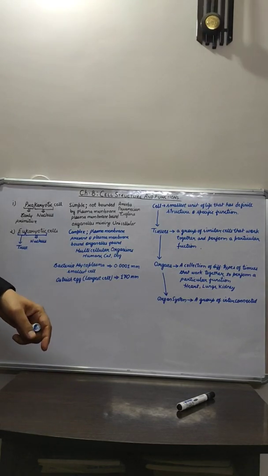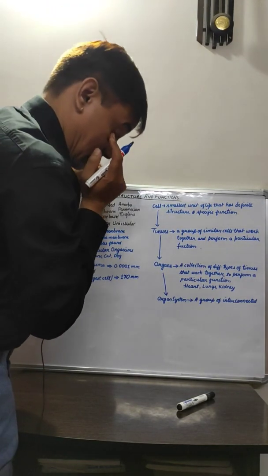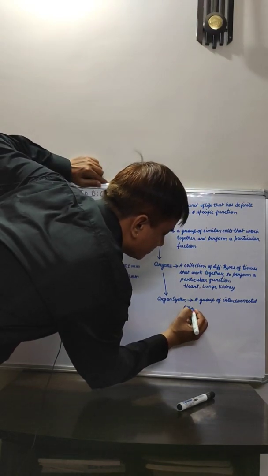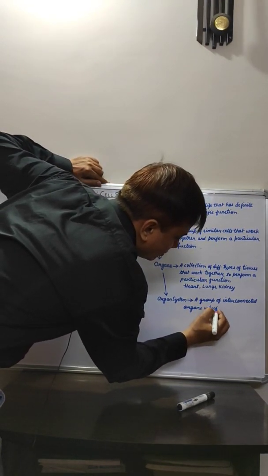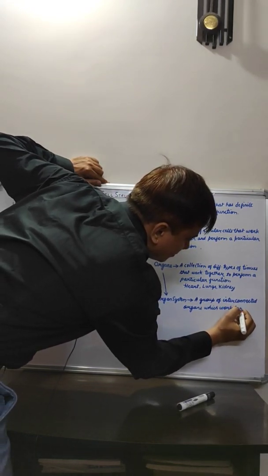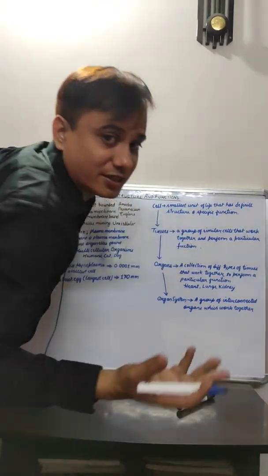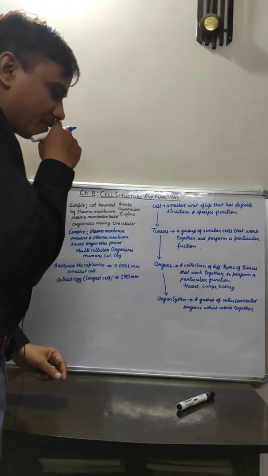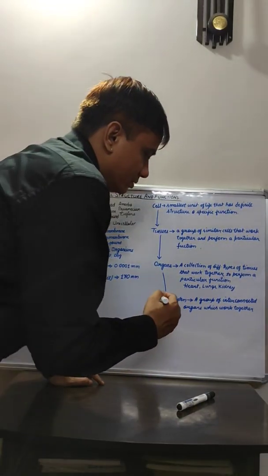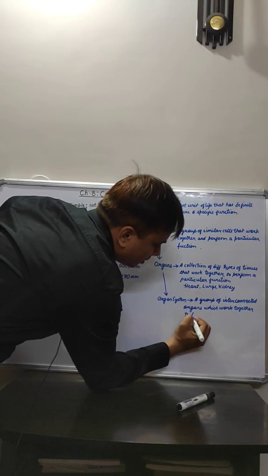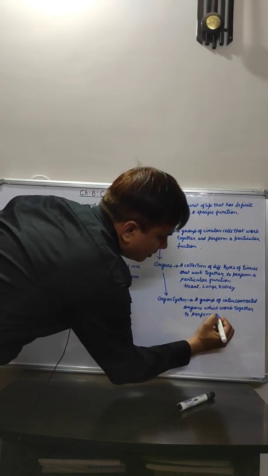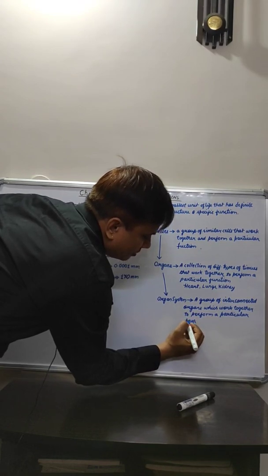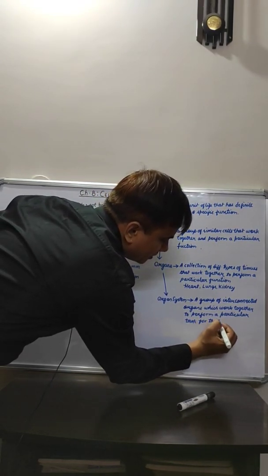A group of interconnected organs which work together for the same mission, to perform a particular task for the organism. That is an organ system.